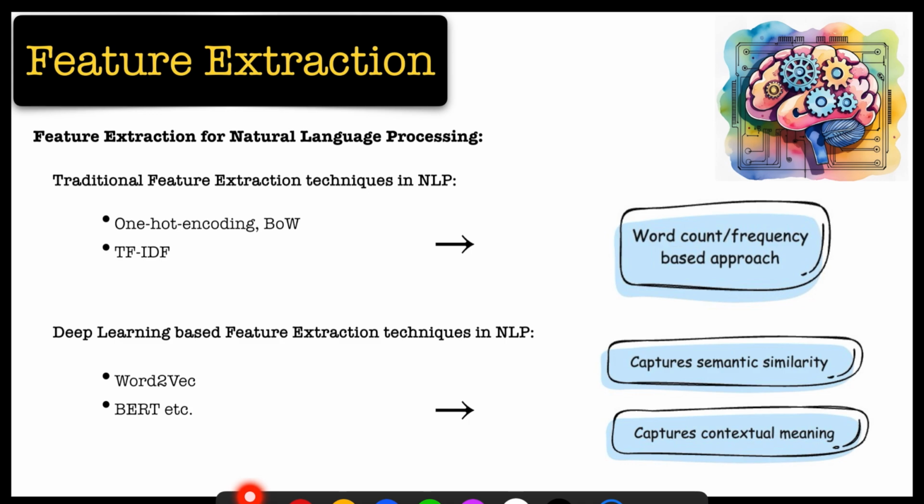If you are given some text, certain words will occur a certain number of times, right? Based on the counts or frequency of the words, we will come up with some representation. That is one-hot encoding, bag of words, or TF-IDF. One-hot encoding, I think you already saw.